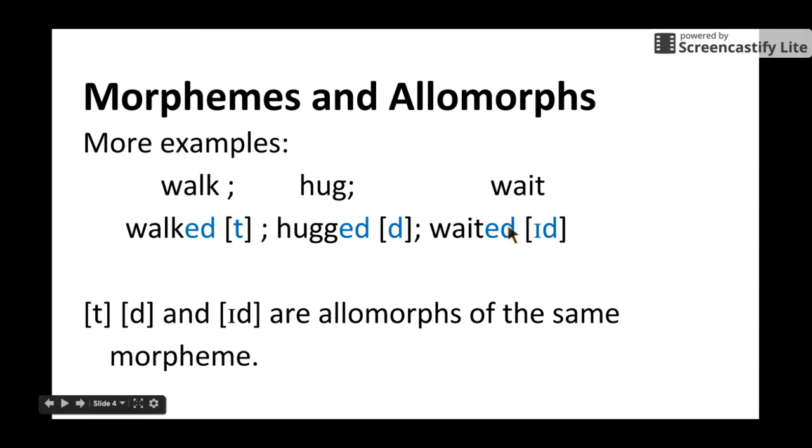And if it follows an alveolar stop, then we get id, like waited, hugged, and walked, right? So t, d, and id are allomorphs of the same morpheme. This time the morpheme is the English past tense.